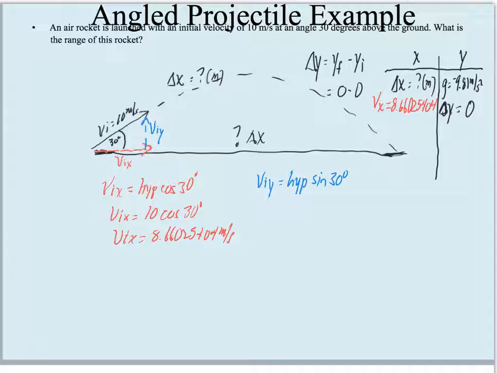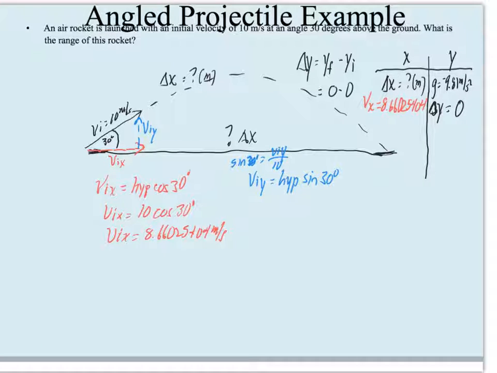If you're struggling with that, remember that the sine of 30 equals the opposite side, which would be Viy, over the hypotenuse, which is 10. So how am I going to solve for Viy? Multiply both sides by 10. So Viy equals 10 sine 30.